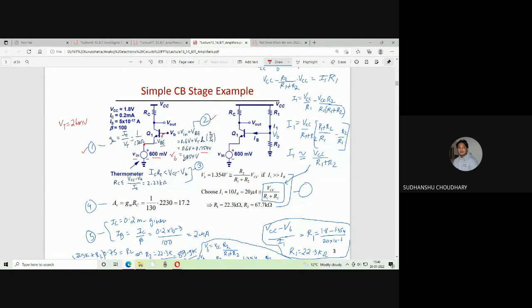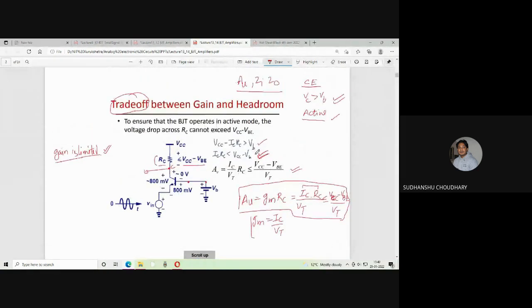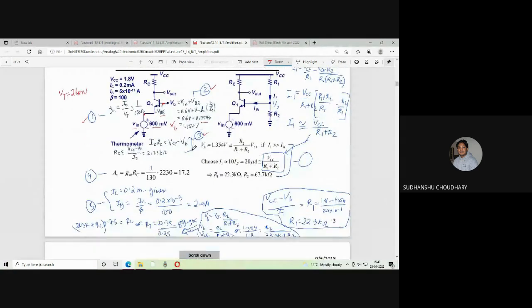Then we can also use the third relation, which we have commented here: IC times RC is less than VCC minus VB, or IC is less than VCC minus VB by RC. So I can use this relation as equation 3, and from here I can find RC.